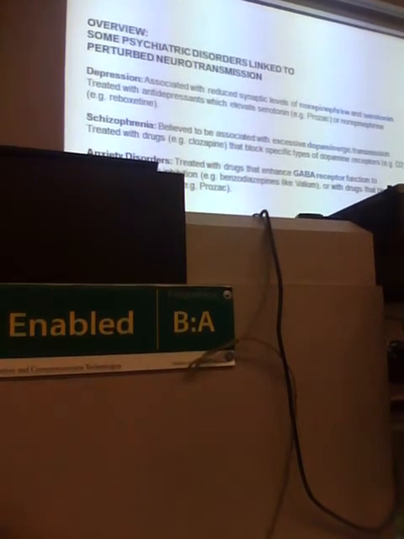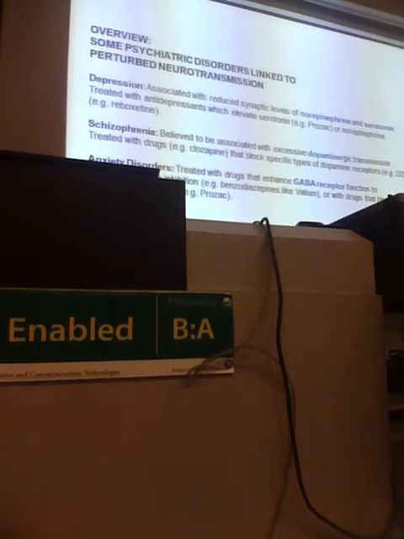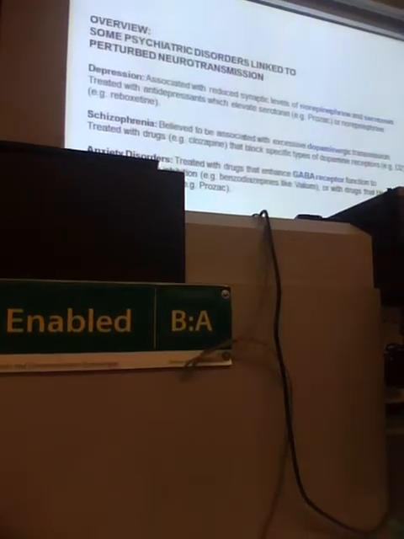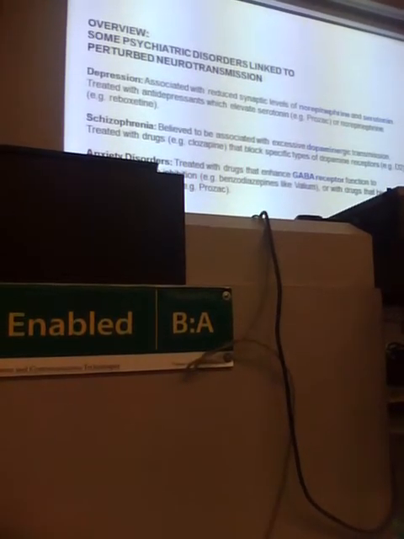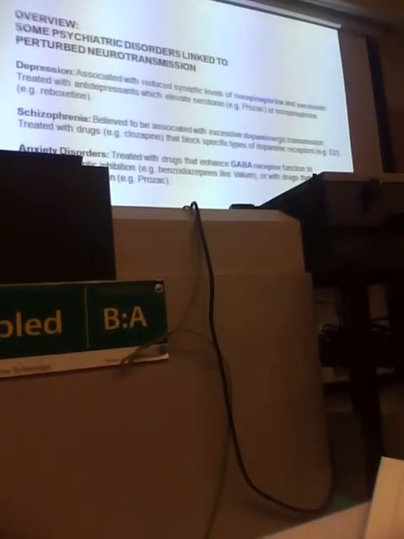So in the case of depression, this has been associated with a sharp reduction in the levels of serotonin and sometimes noradrenaline, norepinephrine. And not surprisingly, antidepressants act to elevate serotonin or norepinephrine by inhibiting reuptake of the transmitter. So it allows the transmitter to float around in the synaptic cleft for a longer period of time.